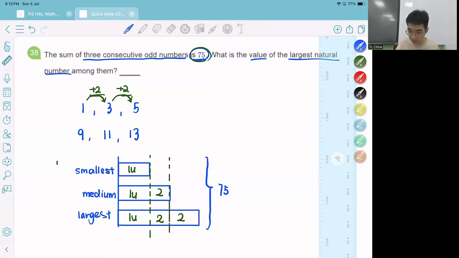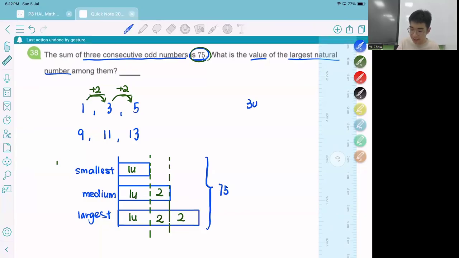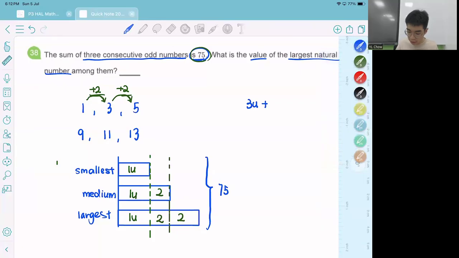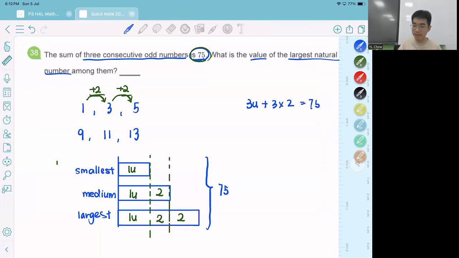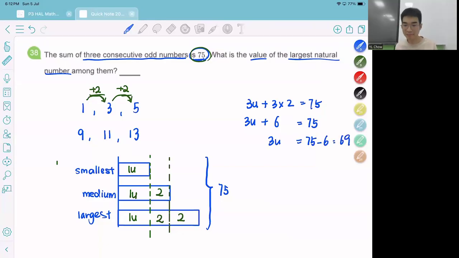So we have in total 3 units plus 2, 2, 2, right? 3 extra copies of 2. So 3 units plus 3 times 2, which is 6, equals 75. 3 units plus 6 equals 75, which means 3 units is 75 minus 6 equals 69.